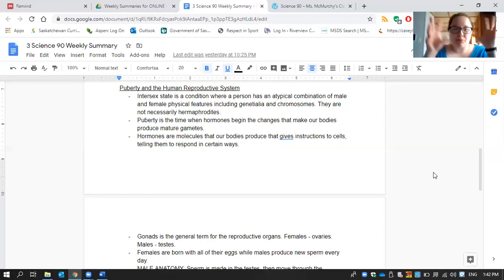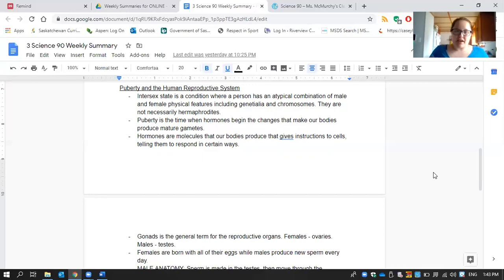And then we moved into what puberty actually is. So puberty is the time when hormones begin the changes that make our bodies produce the mature gametes. It's that phase that leads us up to the organism being fully matured, and so we reach our adult stage at the end of puberty.